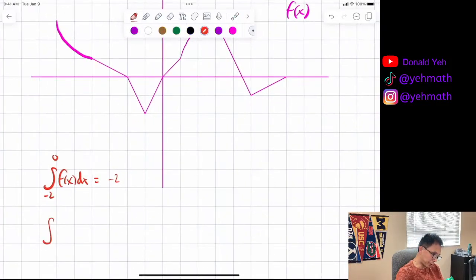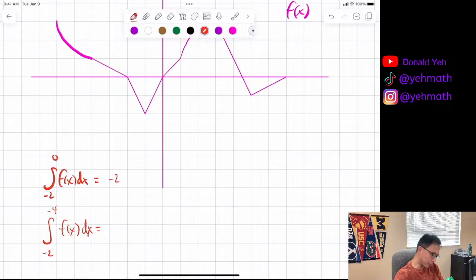Okay, so what's the integration from -4? Actually, -2 to -4. Tony, what do you think? -1 is good.